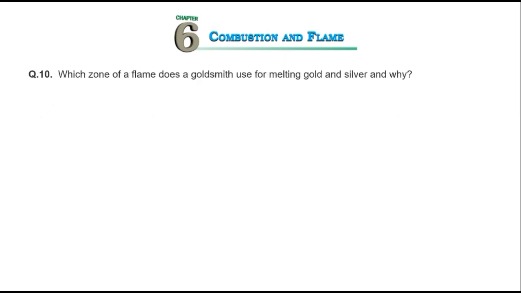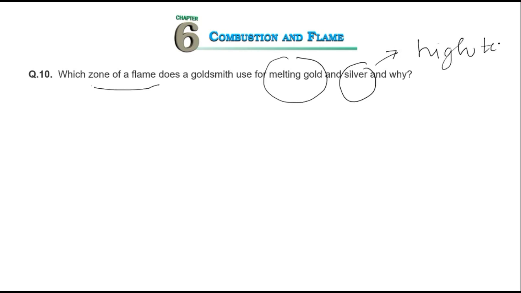Next question: which zone of flame does a goldsmith use for melting gold and silver, and why? For melting gold and silver, we require high temperature, otherwise they will not melt. Melting means converting from a solid state to a liquid state.